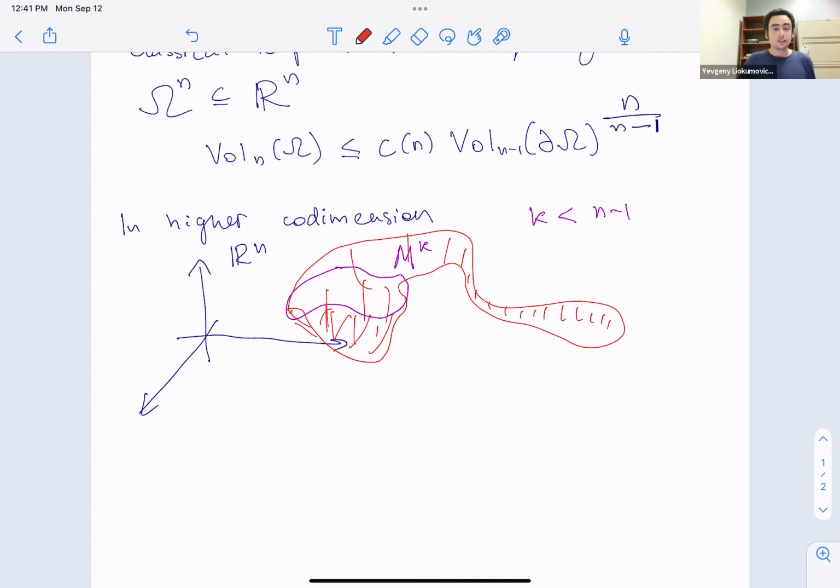And of course, these different fillings can have arbitrarily large k+1 dimensional volume. So it doesn't really make sense to ask for an inequality that controls the volume of any filling in terms of the volume of the boundary. However, we can ask about the best, the smallest filling.